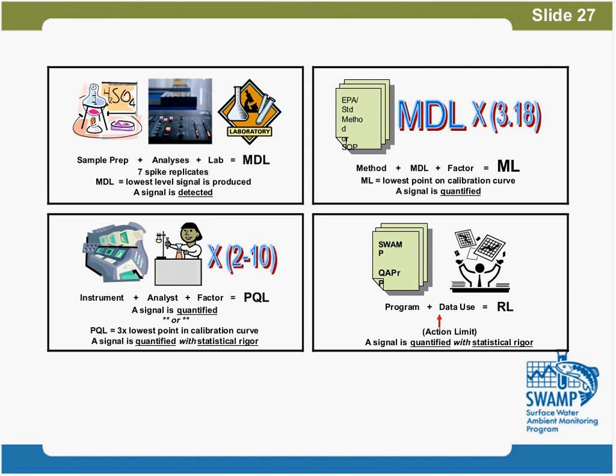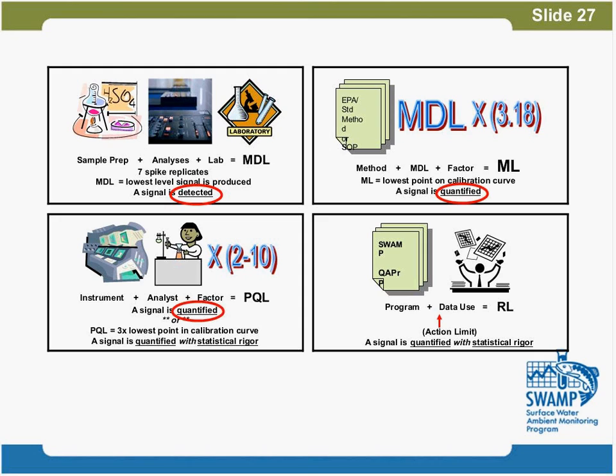So now we've introduced the 4 major quantitation limits, definitions, and terms. MDL, method detection limit. Remember, we are focusing on the fact that the signal is detected with that one.